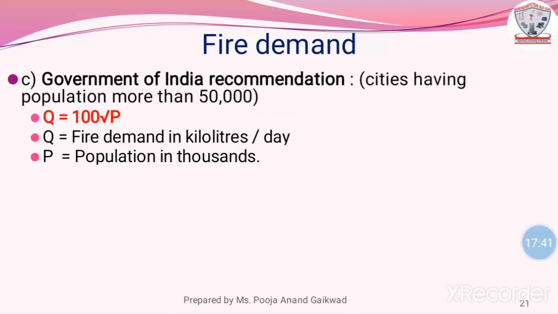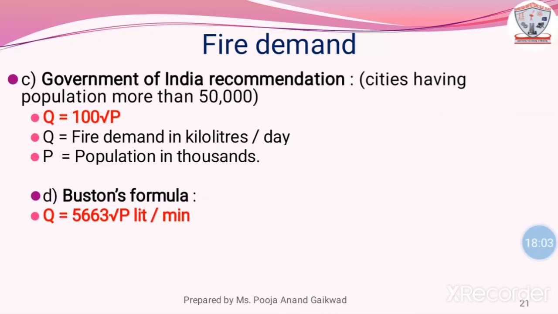Continuing, the Government of India recommends that for cities having population more than 50,000, we use the formula Q is equal to 100 under root P, where Q stands for fire demand in kiloliters per day and P stands for population in thousands.